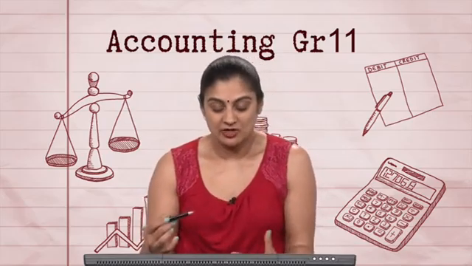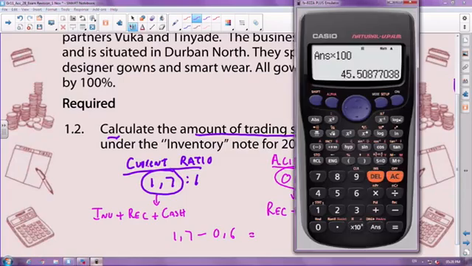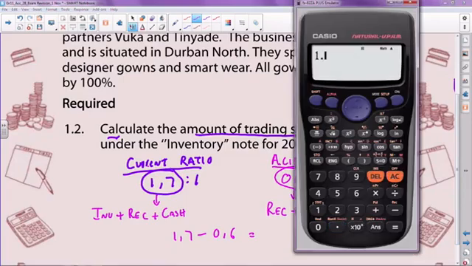So how am I going to work this out? I'm going to start off with my current ratio with stock, 1,7, asset test without stock, 0,6. So if I subtract the two, let's get our calculator out. So we've got 1,7 minus 0,6. So that gives me 1,1.